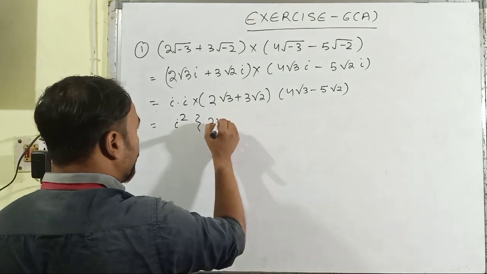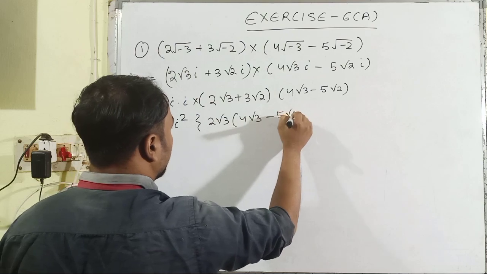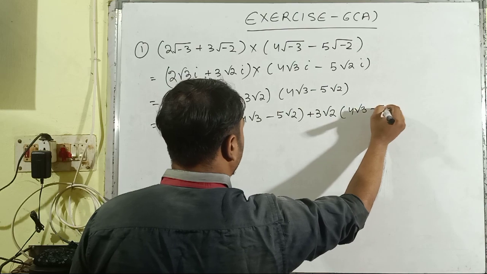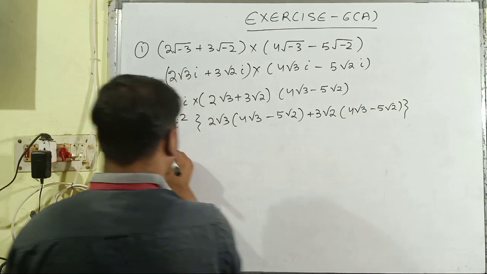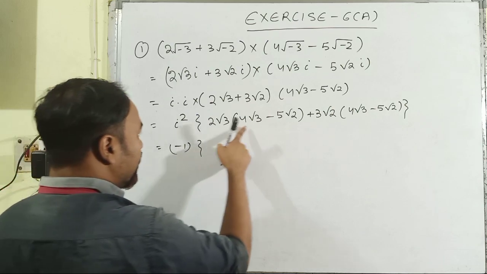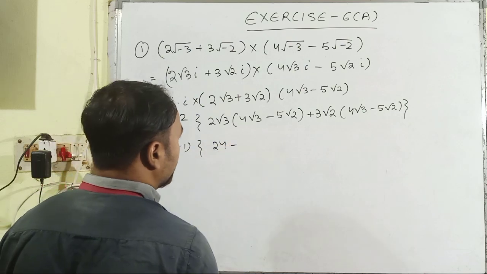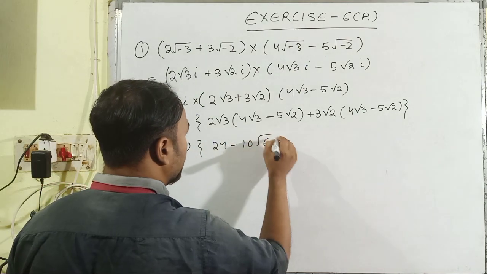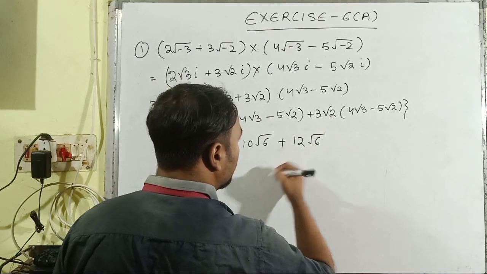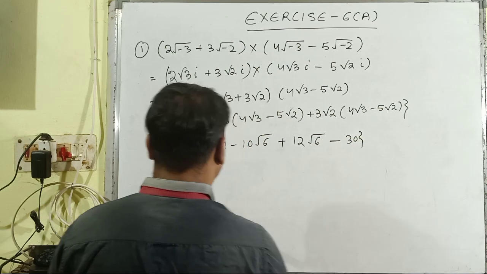Then we have to go for the multiplication. The value of i square is minus 1. Then just multiplying, it is 2 into 4, 8, 3, 24, minus 10 root 6 plus 12 root 6, minus 15 into 2, it is 30.